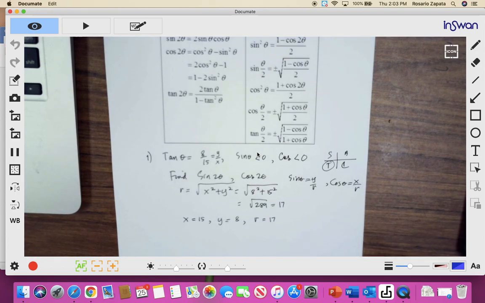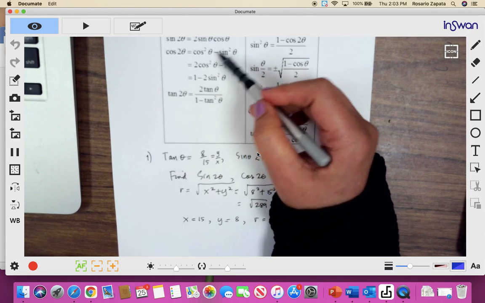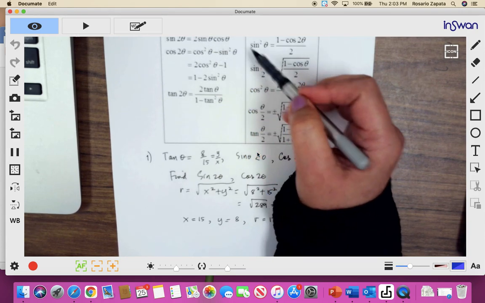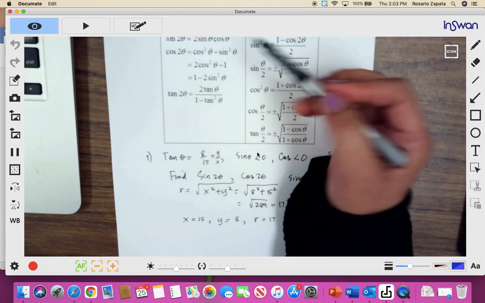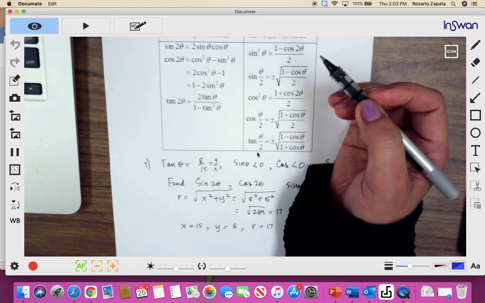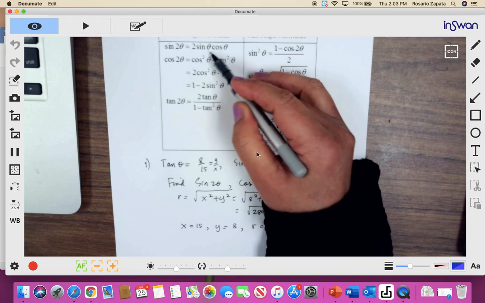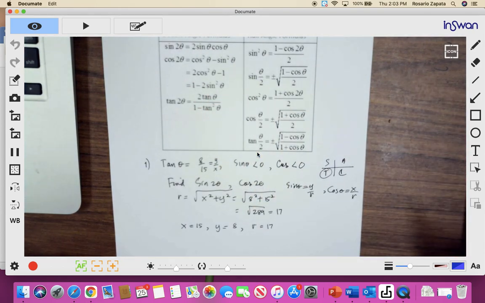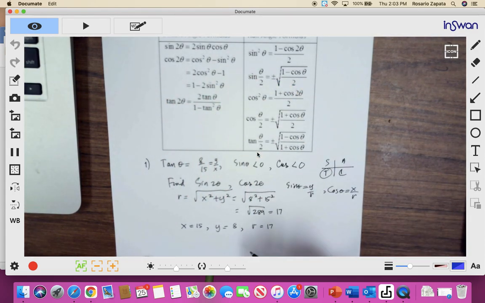Now, the reason why we're trying to do a double angle formula using an identity is that it's easy to manipulate an identity when your angle is not divided by 2 or multiplied by 2. We would like to get a single angle for our function instead of a double angle. And so we will be using this in order to substitute our values in our equation.